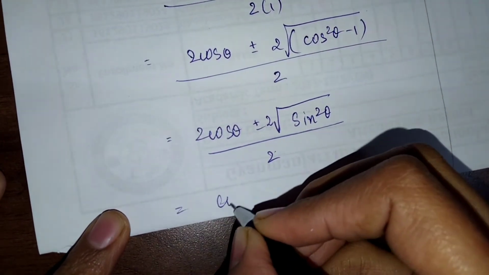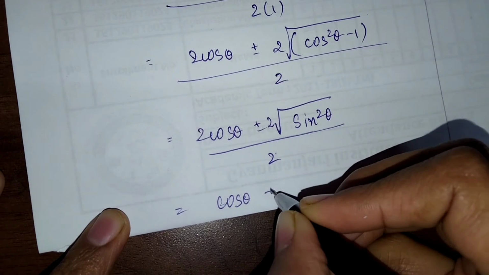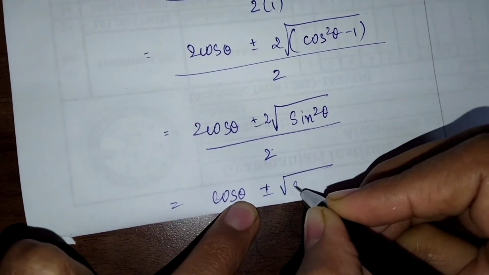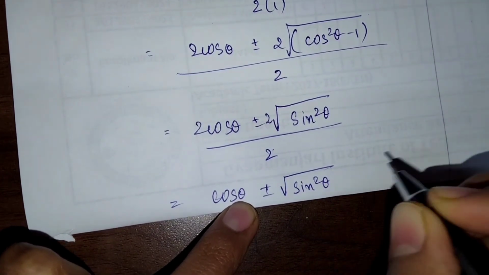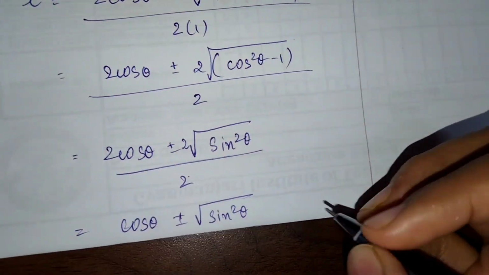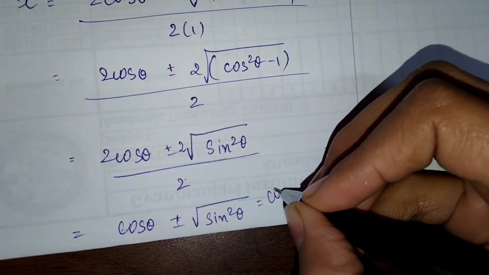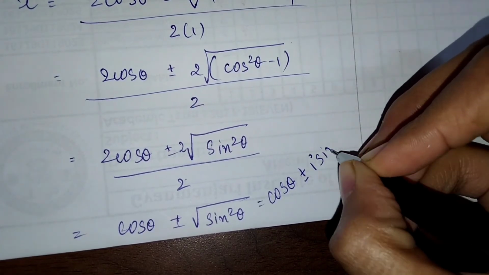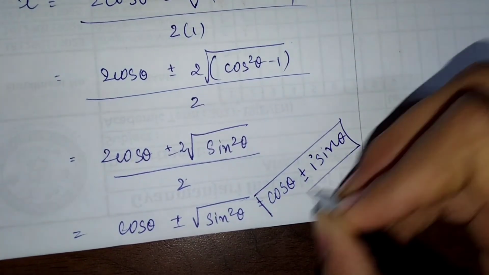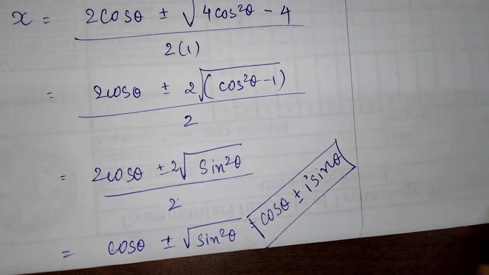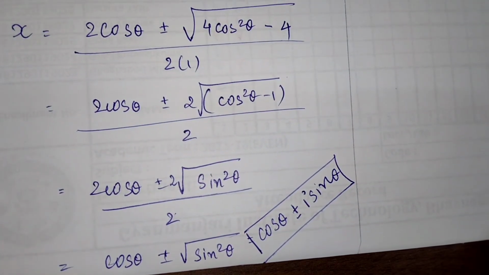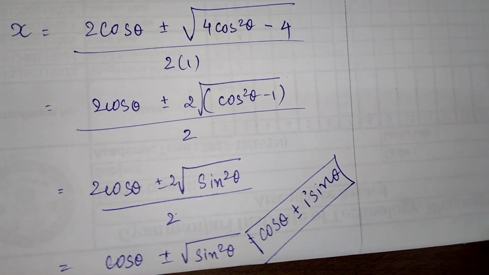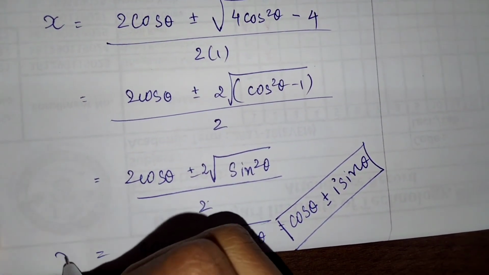So we will get cos theta plus or minus under root sin square theta. But we can rewrite this term as cos theta plus or minus i sin theta. Okay, so we got these terms, and now these are the roots of our equation. So this is our x.